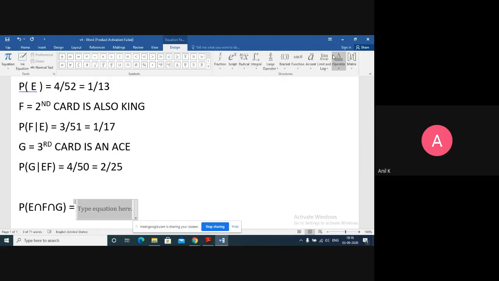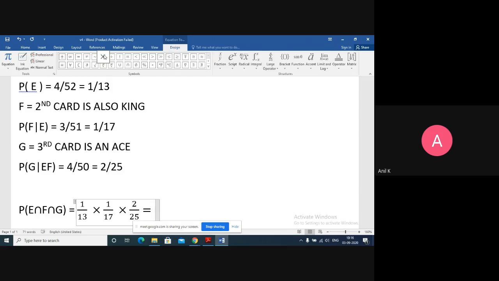Probability of happening E is 1 upon 13, multiplied by probability of happening F after happening E, which is 1 upon 17, multiplied by the final answer, 2 upon 25. So multiply these numbers and whatever you get will be the answer.